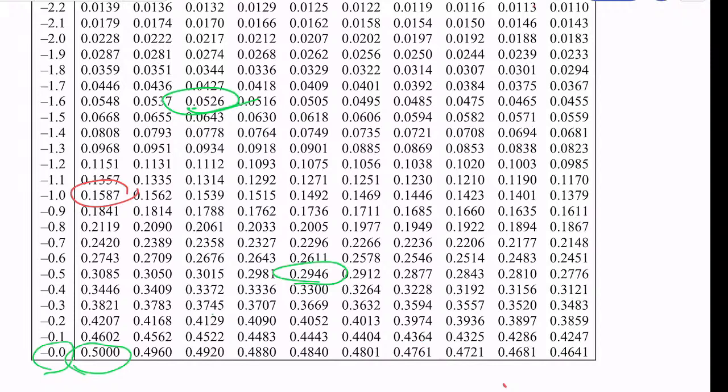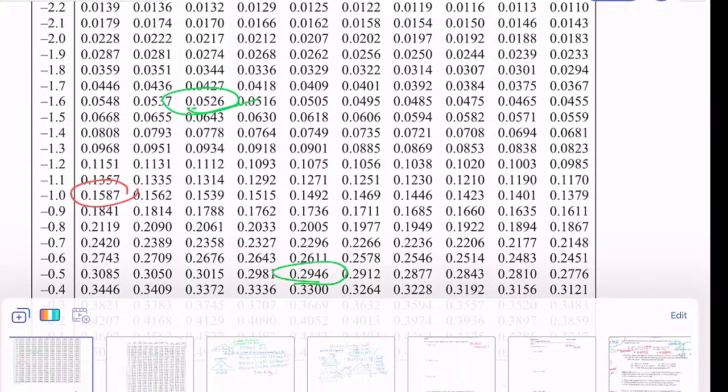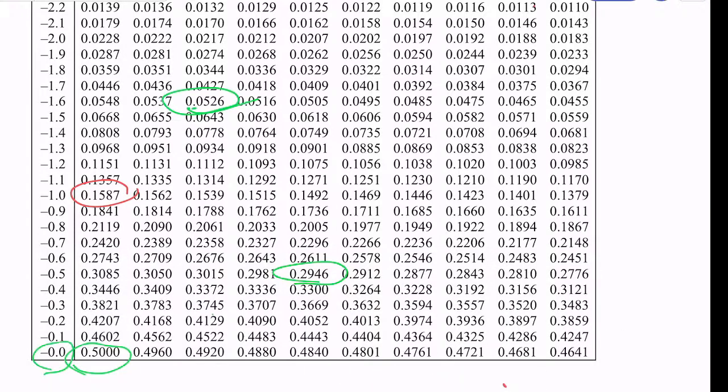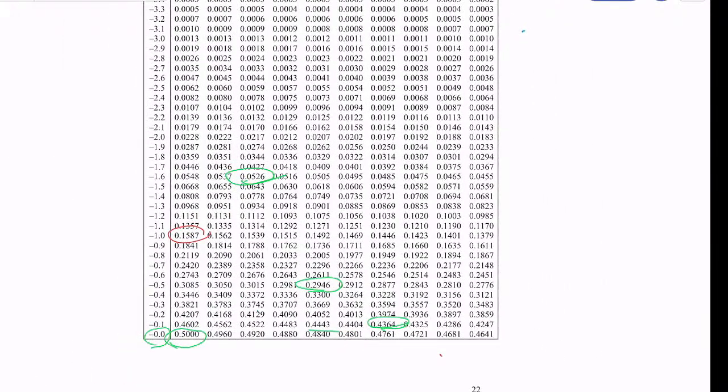Very good. Sorry if you didn't see that. It's here. Which corresponds with negative 0.16.